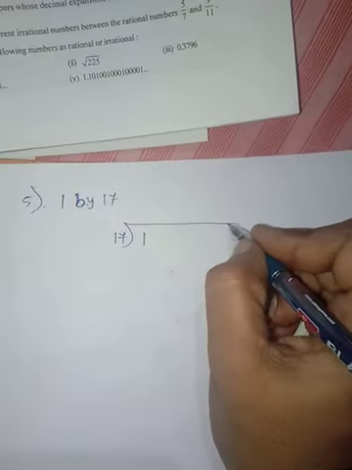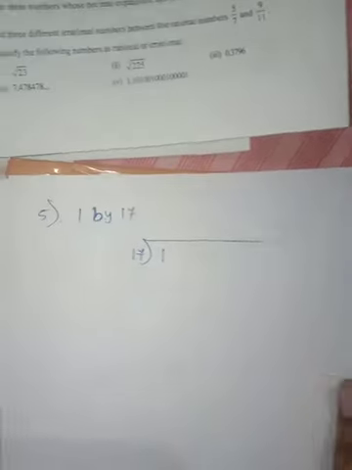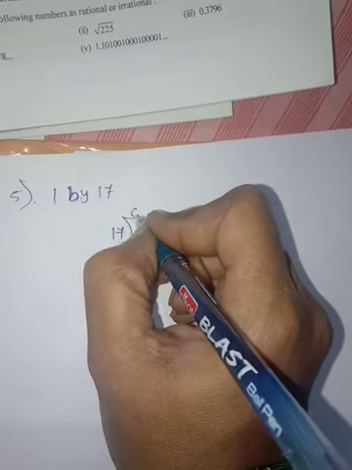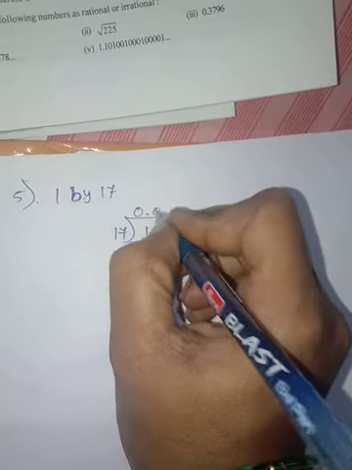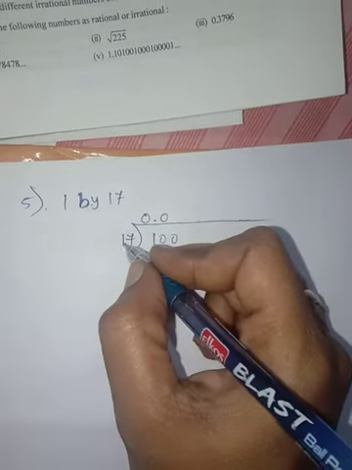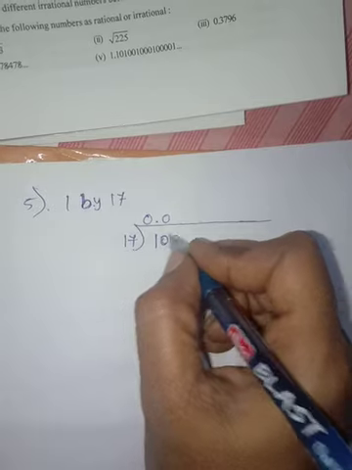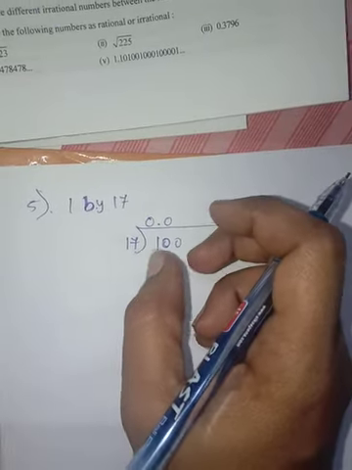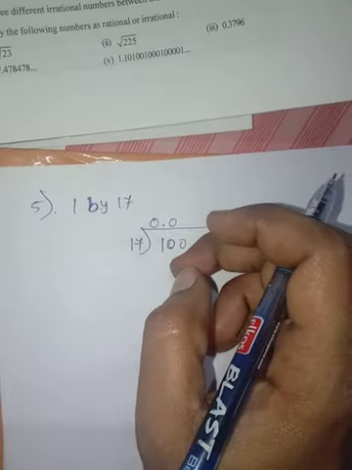You are going to get the long division in this problem. You are having 1, and then the same procedure, I am keeping 0. and I am going to take 2 zeros, because if I take 10, 10 is smaller than 17, I can't divide. That's why I am taking the 3 digits, that is 100.